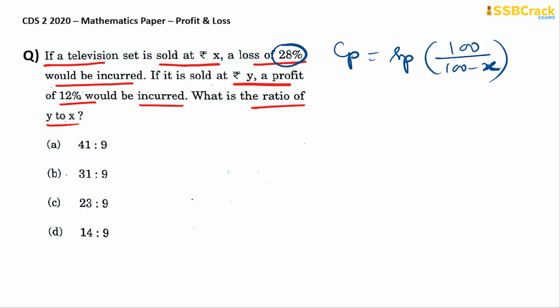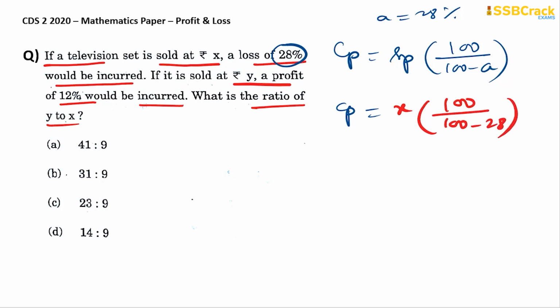So here you might get confused, so I won't use this notation X. I would say A, where A is 28%. So we get the CP equal to SP for the first scenario, right? What was the SP? SP was X. So X into 100 upon 100 minus 28, which you get as X into 100 upon 72.